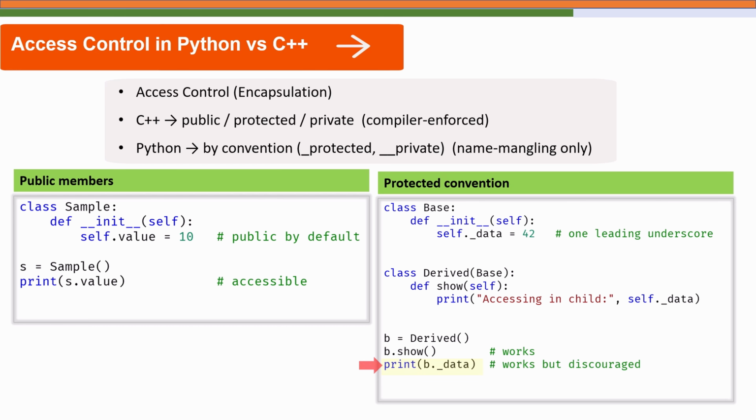As I just explained, the interpreter doesn't stop you from using it, so you can call it in a print function, but you shouldn't do this. Python emphasizes readability and flexibility. It avoids strict barriers that might hinder debugging or quick exploration. So protected attributes exist by convention rather than enforcement.